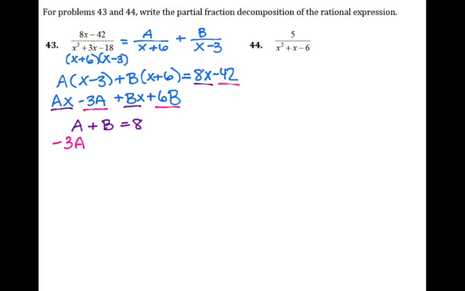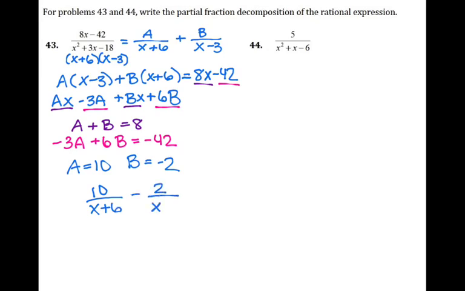So negative 3A plus 6B should equal negative 42. And again, you can use a calculator to solve for A and B. You can use the reduced row echelon form, and you end up with A equals 10 and B equals negative 2. So your final answer would be 10 over x plus 6 minus 2 over x minus 3.